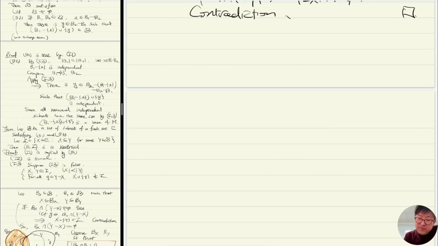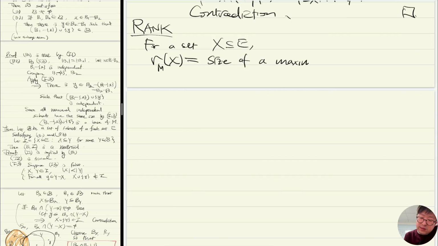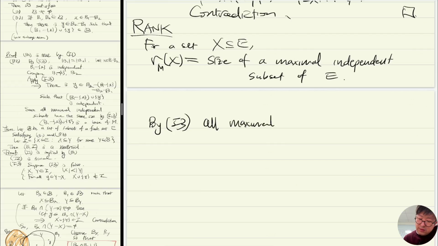All right. Now let me define the rank. Okay, for a set X, which is a subset of E, the rank of X, sometimes written rank M of X, is the size of a maximal independent subset of X. So by I3, all maximal independent subsets of X have the same size.